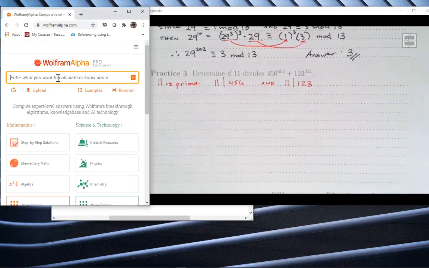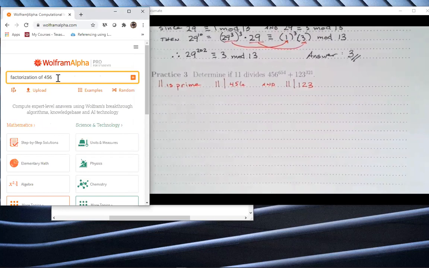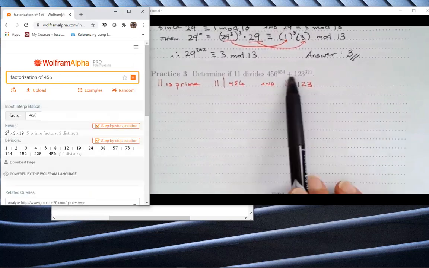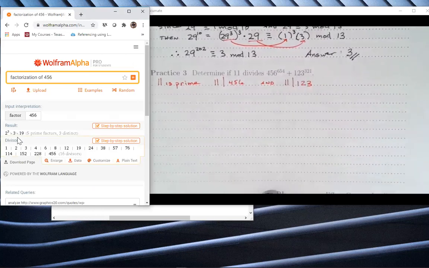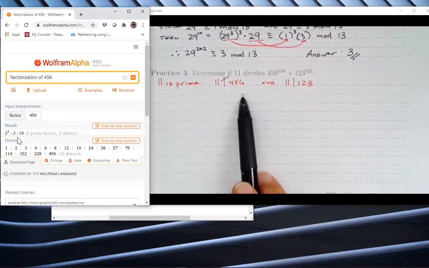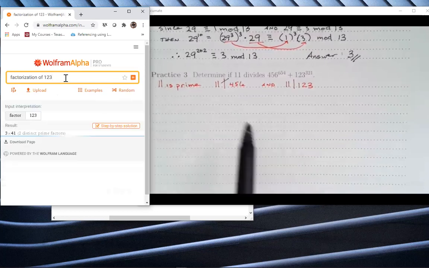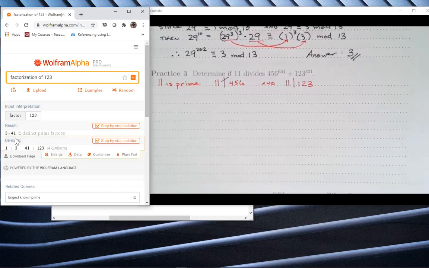What is the factorization of 456? Okay. So the factorization of 456, if we look over here, does not include an 11. So that means that 11 does not divide 456. And if we look at 123 and the factorization of 123, right, we see that that factorization is 3 times 41.